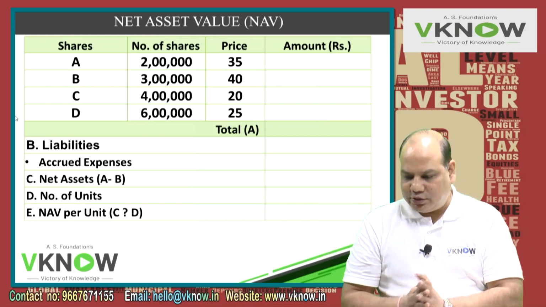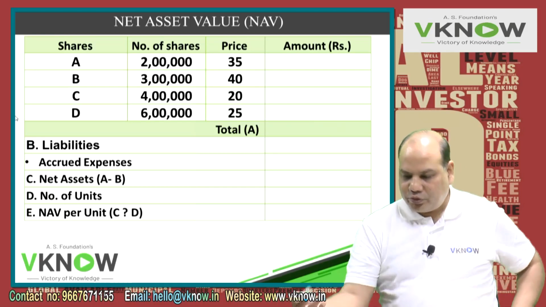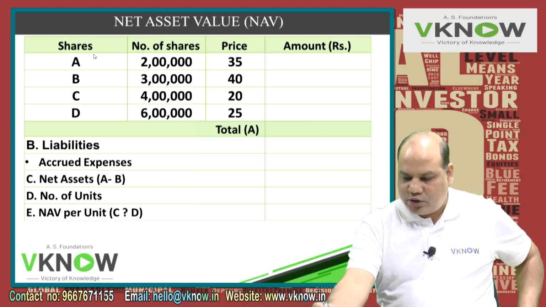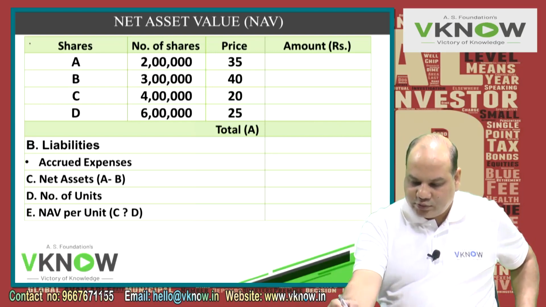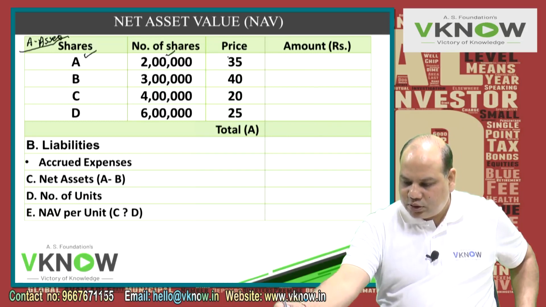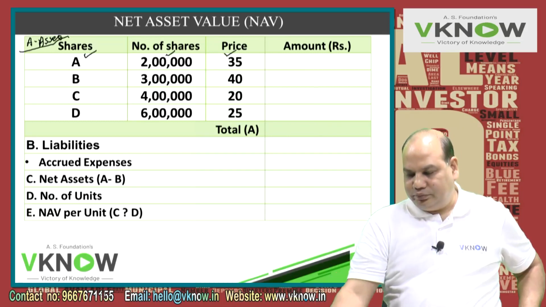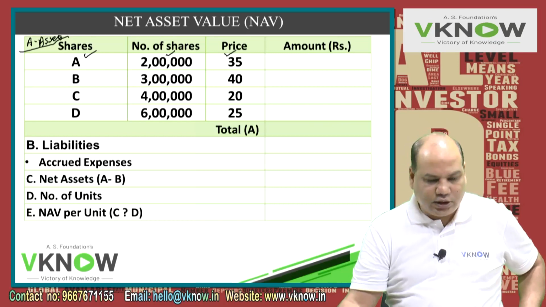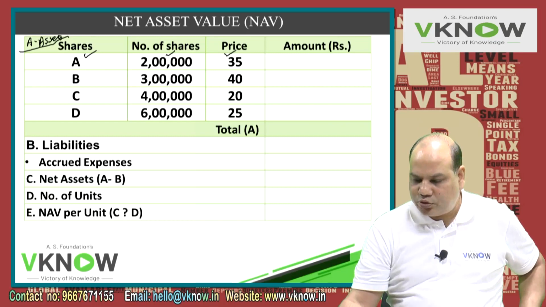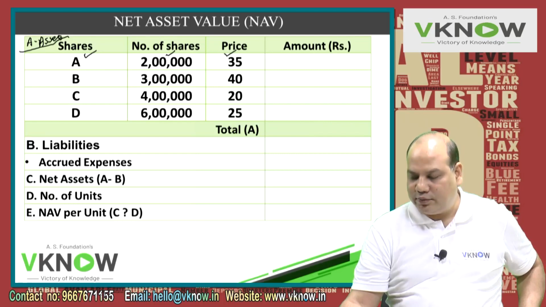Under assets, inside that particular column, you write down 3 headings. Point A is assets. Under that write down shares, number of share, price. Same format you can follow, no problem. A, B, C, D. Number of shares 2 lakh, 3 lakh, 4 lakh, 6 lakh. Price 35, 40, 20, 25.